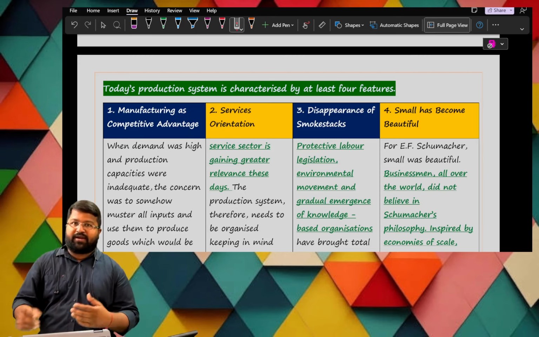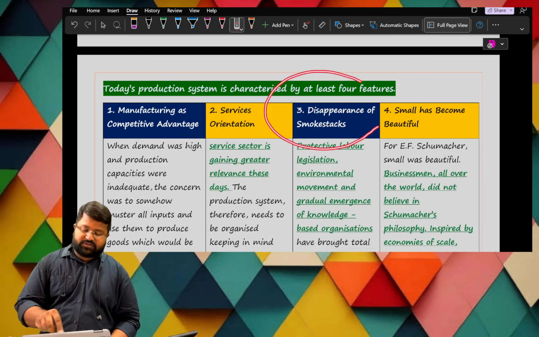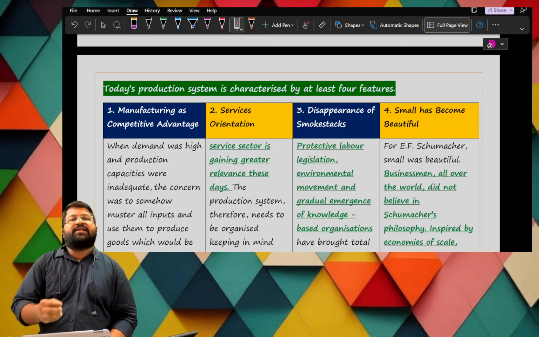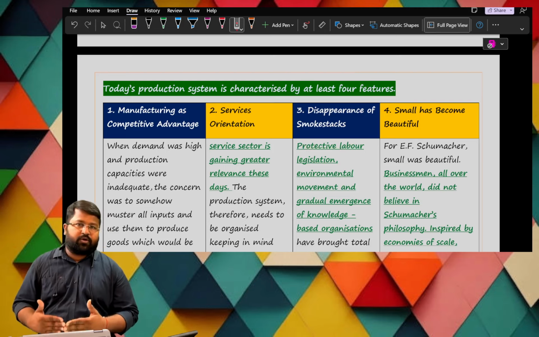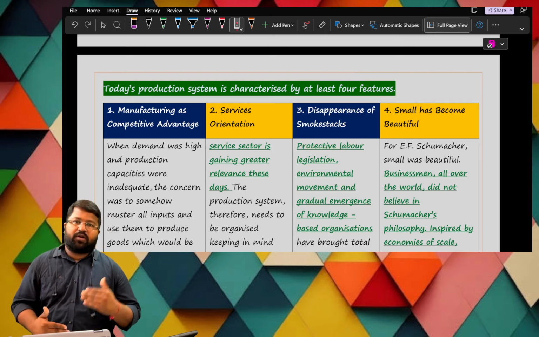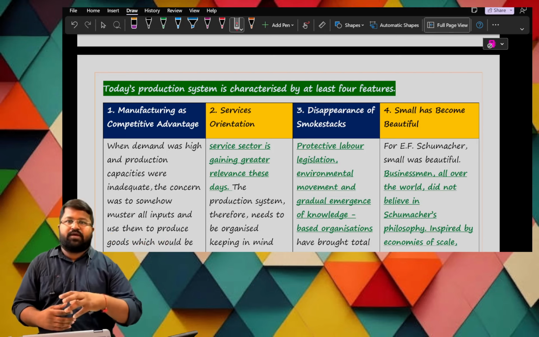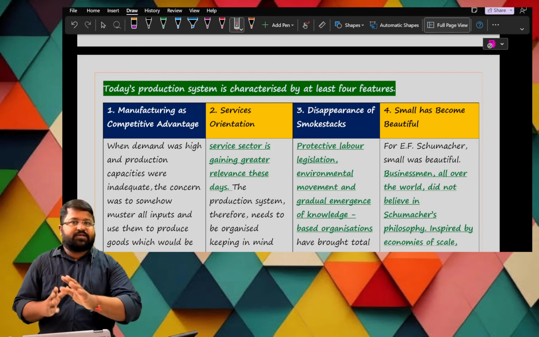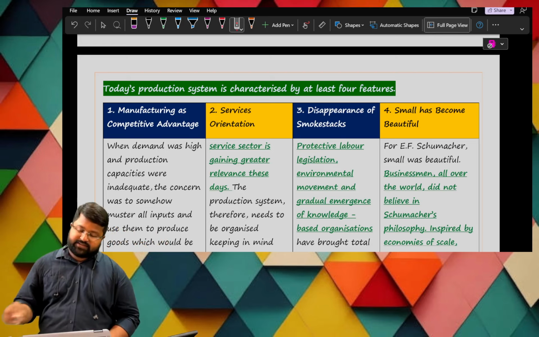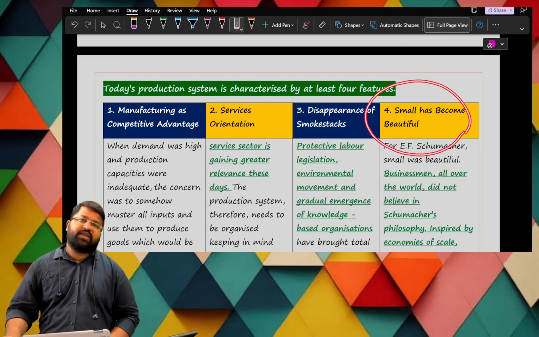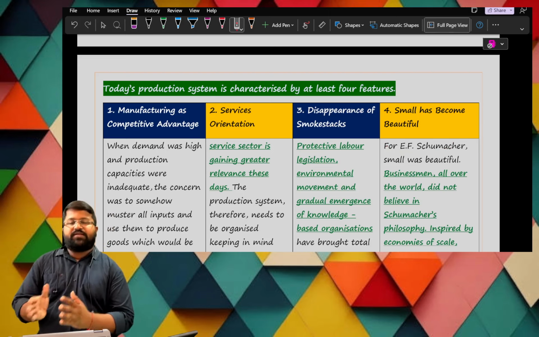That is more market. Next, disappearance of smokestacks. This is related to pollution. If you are doing production and causing harm to our environment, definitely some norms will be put on us and the government will ask us to stop our business and go out of the market. And next, small has become beautiful. Initially, this is a trend. So these are the four things.